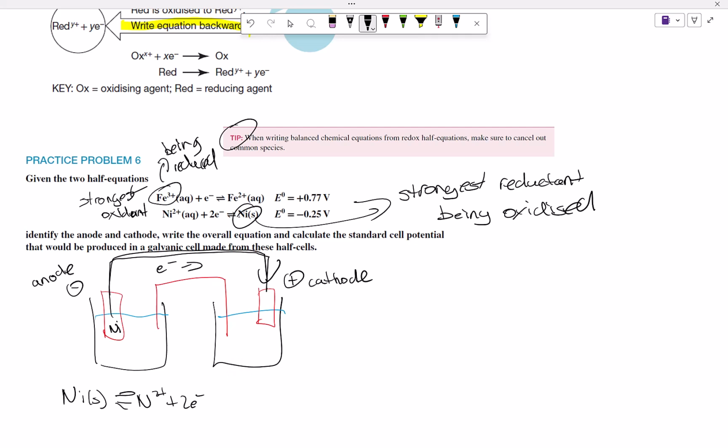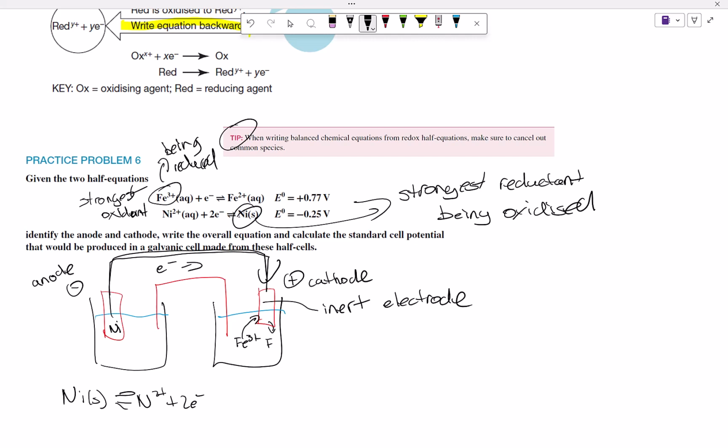This here would be an inert electrode. And I'd have to have in solution Fe3 plus, which would go to here and produce Fe2 plus.